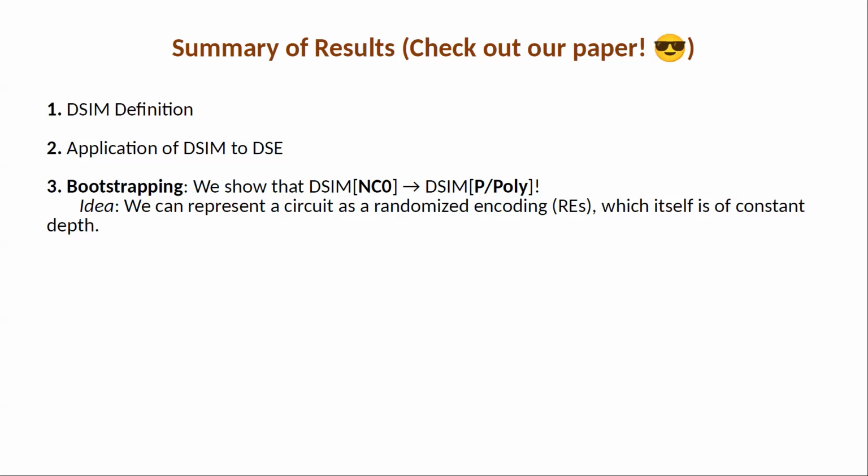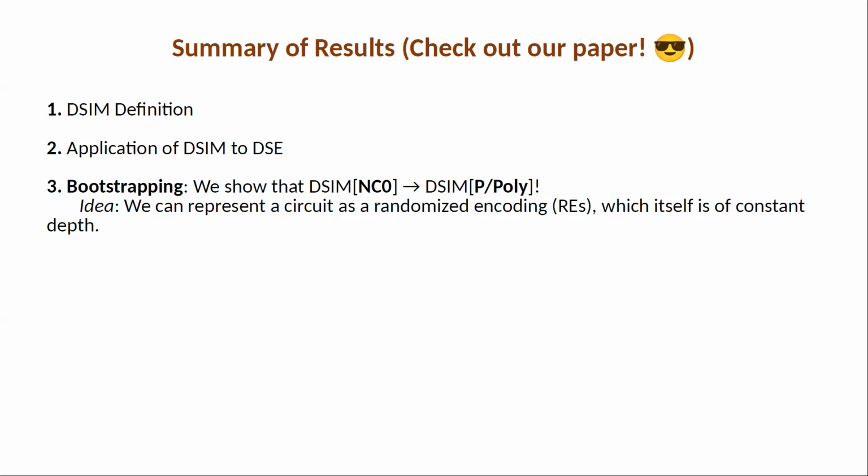The idea here is that you can represent the circuit you want to garble as a randomized encoding. For those of you who don't know what randomized encodings are, think of a Yao garbling scheme as a randomized encoding. So any projective selectively secure garbling scheme works.